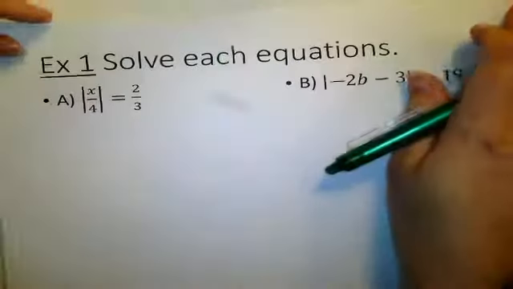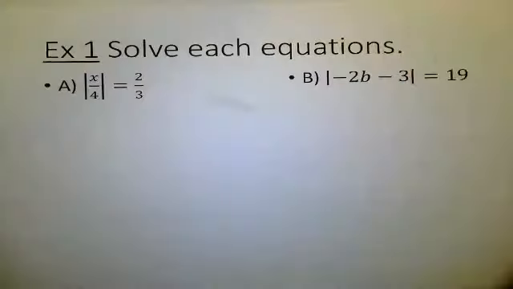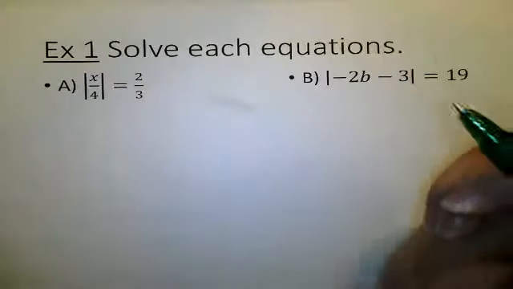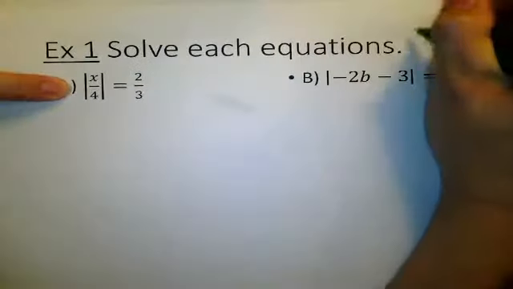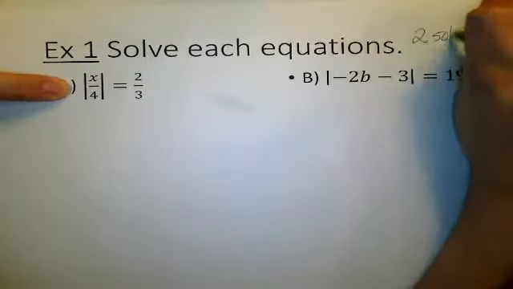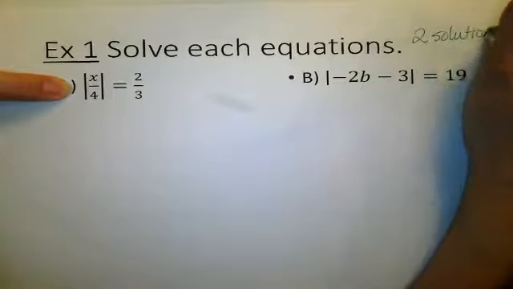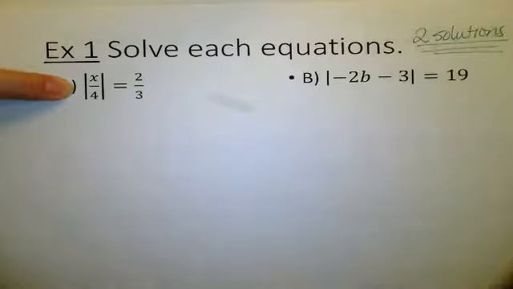So let's see how that works. Our goal whenever we're solving absolute value equations, and remember, if we're solving absolute value equations, there are always going to be two solutions. Always, always, always. Do not forget, we will test you on this. So two solutions.